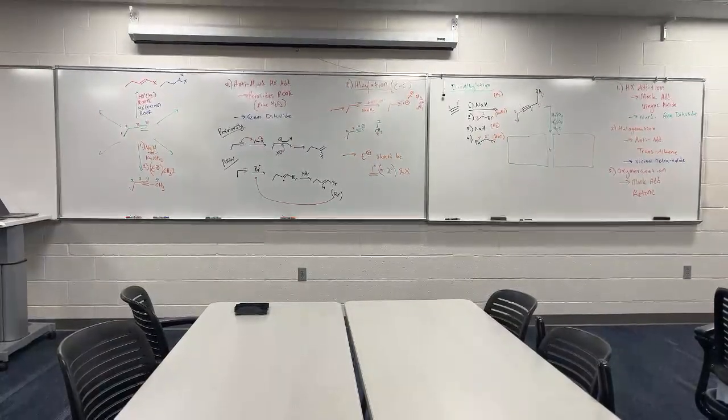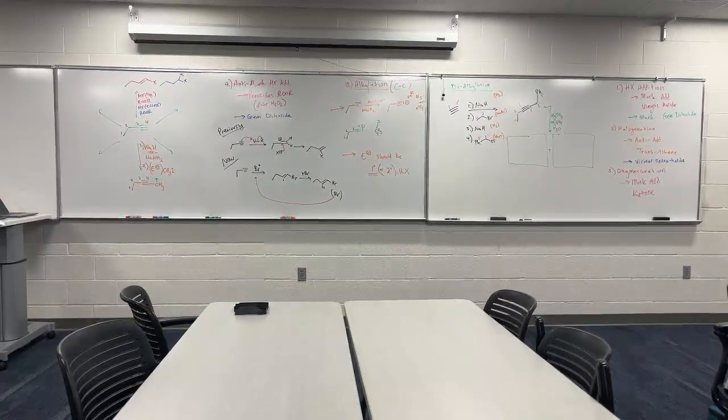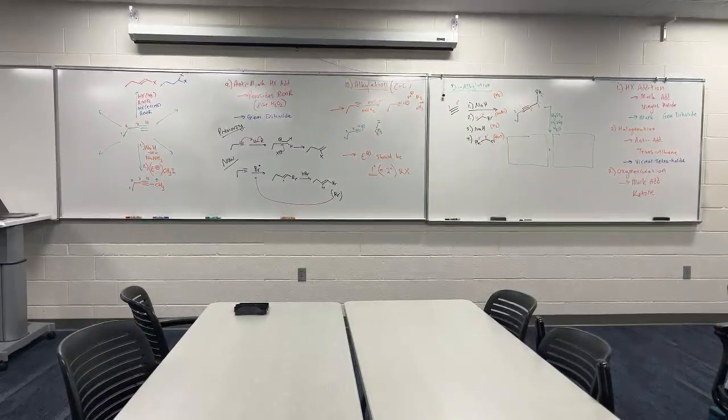What do you know about oxymercuration? We know that it forms a certain type of functional group, right? And it likes to do that with regiospecificity. It forms a ketone on the more substituted carbon. Which carbon here is more substituted? 1 or 1 prime?